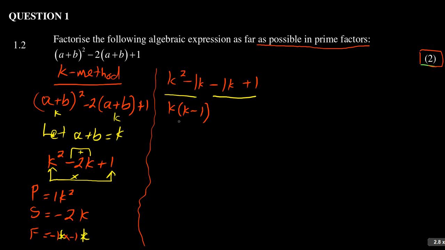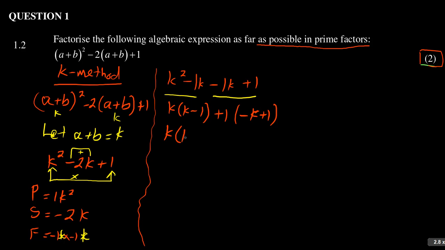Now remember, I must get a similar bracket. Let's say I'm taking out a plus. What is common in 1k and 1? It's 1. So I'll have minus k plus 1. Now something is not the same, and this is the sign. k is positive in the first bracket and k is negative in the second bracket, but remember, you need to match them.